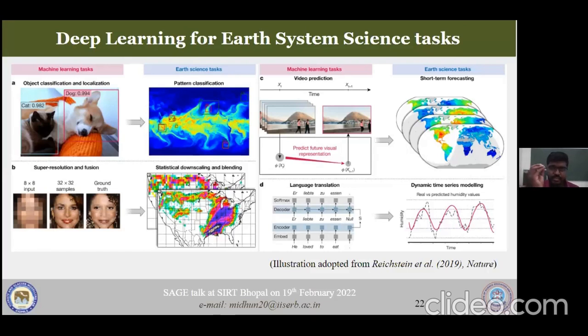Some of these have analogs which can be used in Earth system modeling tasks. The first is object classification and localization. Here, you can see one diagram, a cat and a dog. The AML model is predicting a 0.9 probability that it is a cat, and that it is a dog. Similarly, if we take a global model simulation as a whole, each time step is an image, right?